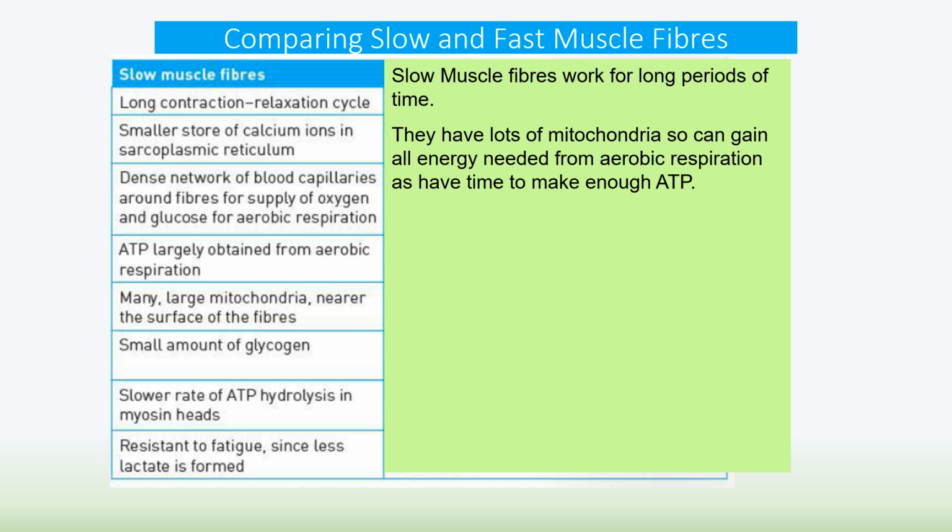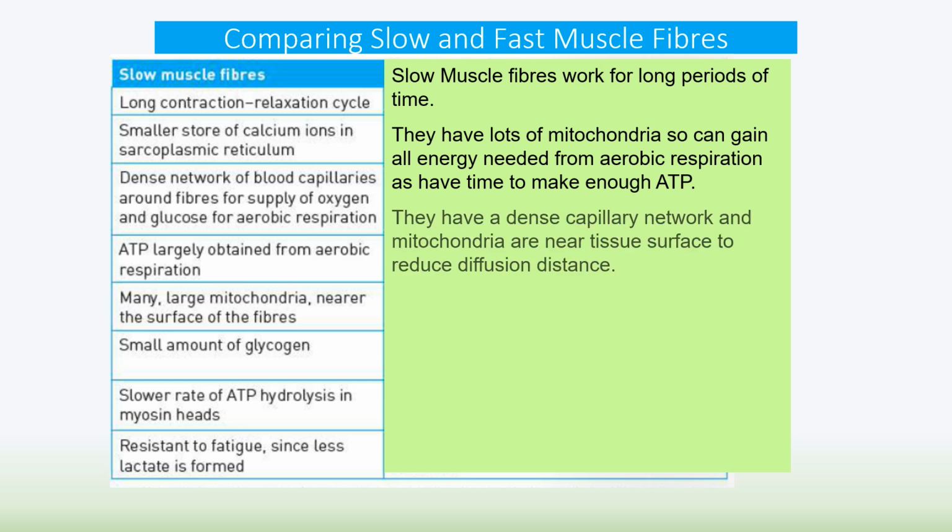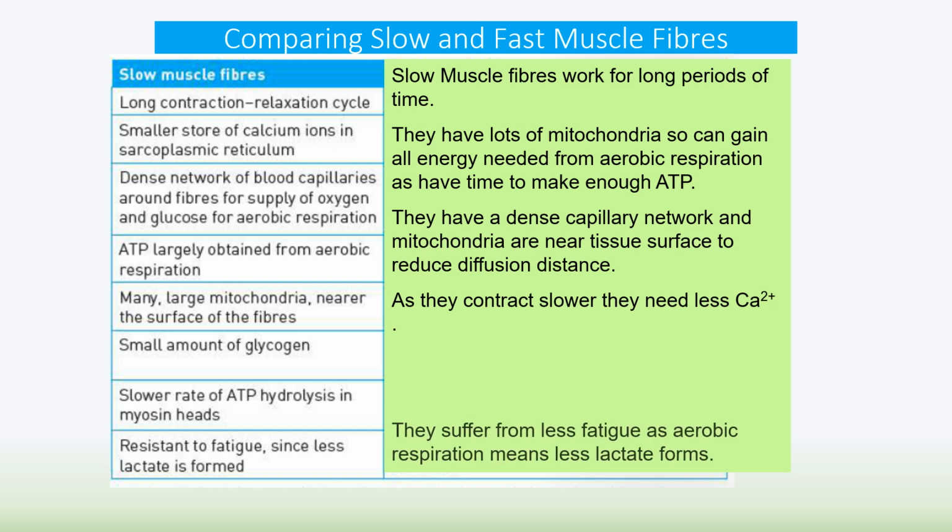They have lots of mitochondria and gain energy from aerobic respiration, as it has enough time to make ATP. They have a dense capillary network and mitochondria near the surface to reduce diffusion distance, and they contract slower, so need smaller amounts of calcium. They do suffer less from fatigue, as aerobic respiration means less lactic acid is formed.